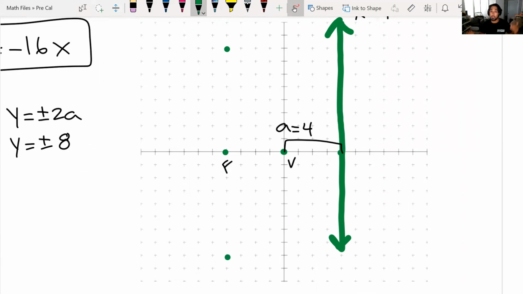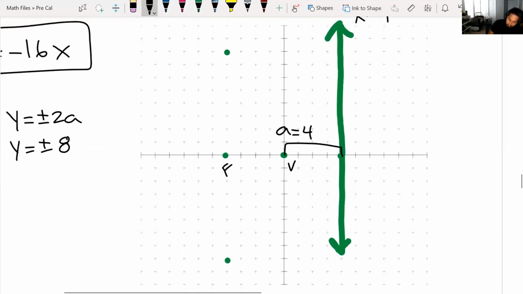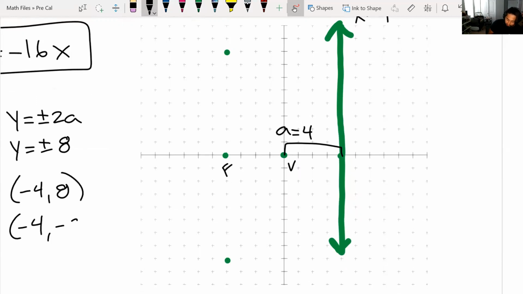Those are the points of the lattice. Let's go ahead and write them down on the left side. -4, 8, -4, -8. Okay, I think we have everything we need, so go ahead and graph it.